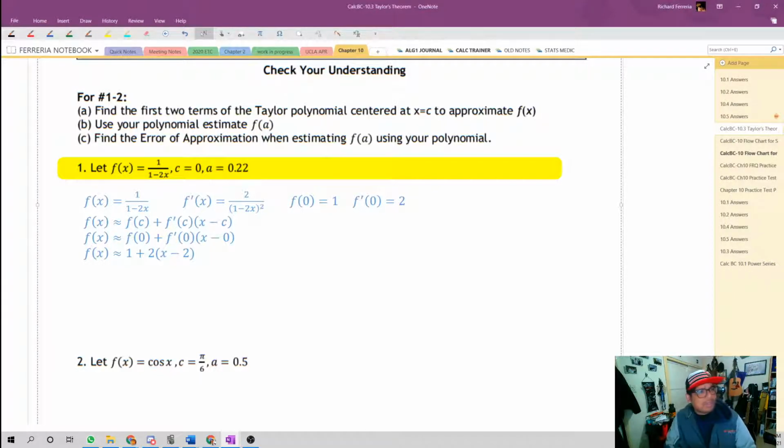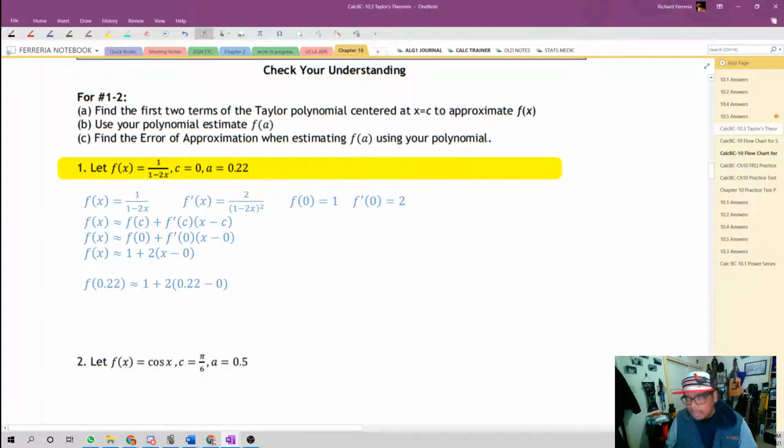Now it says to use a polynomial to approximate f of a. Here, a is equal to 0.22. Had to fix one small typo there, but this gives me f of 0.22 is approximately 1 plus 2 multiplied by the quantity of 0.22 minus 0. And that's 1.44. Next, we're supposed to find the error of approximation.